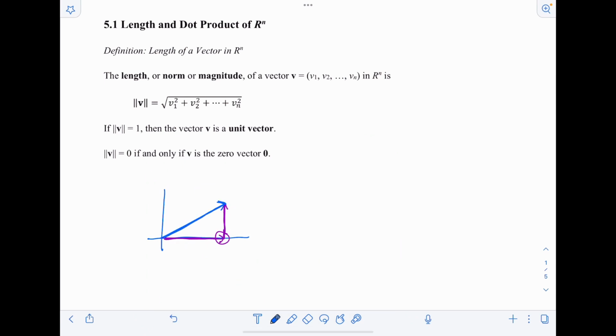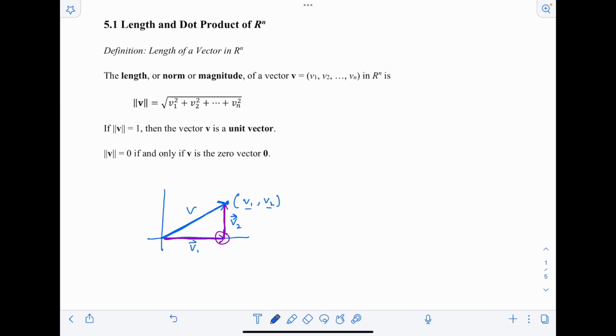Okay, so I'm going to call this terminal point v1, v2. We're going to call this vector v. And I'm going to call the other ones just v1 and v2, so that basically this vector and this vector, if we think about the length of that vector, if we think about the magnitude of v1 and the magnitude of v2, their lengths, that's going to give us this ordered pair v1, v2.